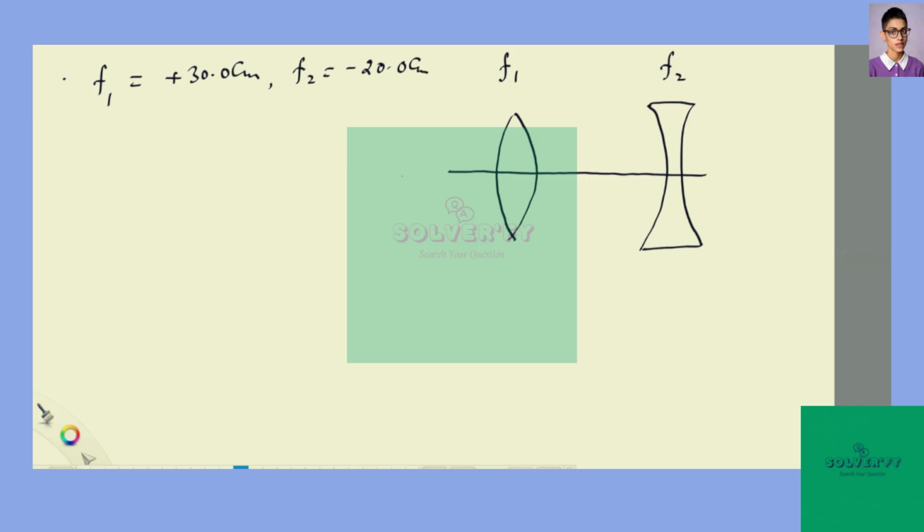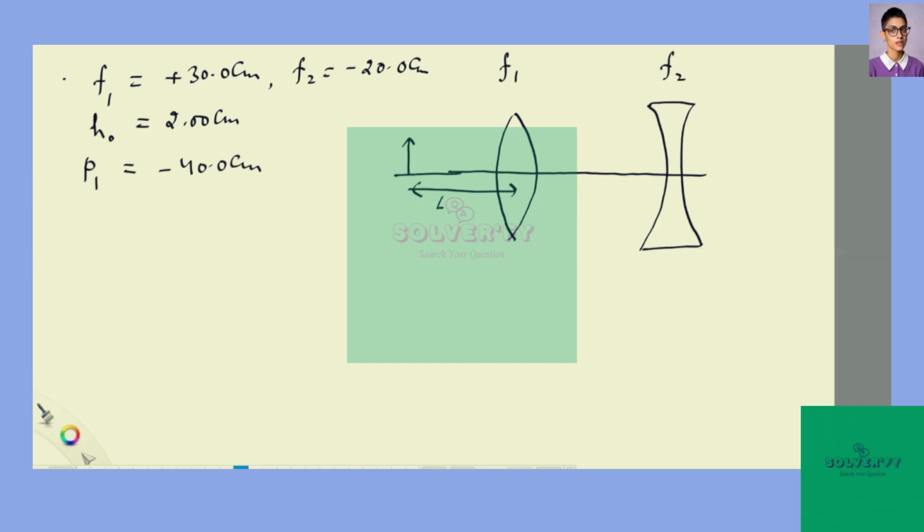An object has been kept to the left of this converging lens. The height of this object HO has been given as 2.00 centimeter, and the distance of this object from the converging lens has been given as P1 is equal to minus 40.0 centimeter.